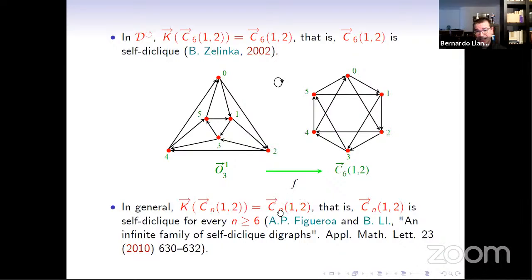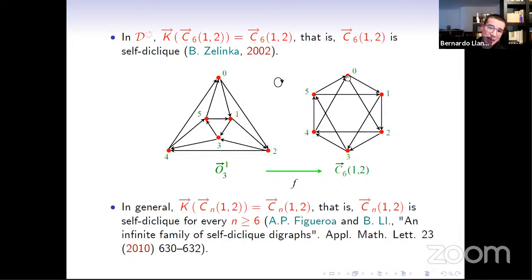You can imagine C_n(1,2): put 0, 1 to n minus 1, put n vertices on a circumference, and then put arrows of jumps 1 and 2, and then rotate these. It's called circulant. They rotate.